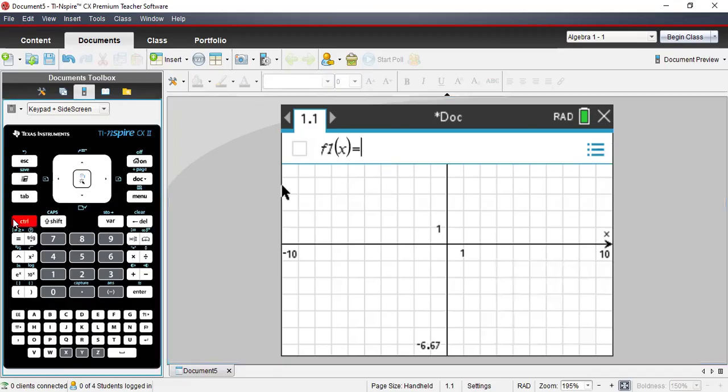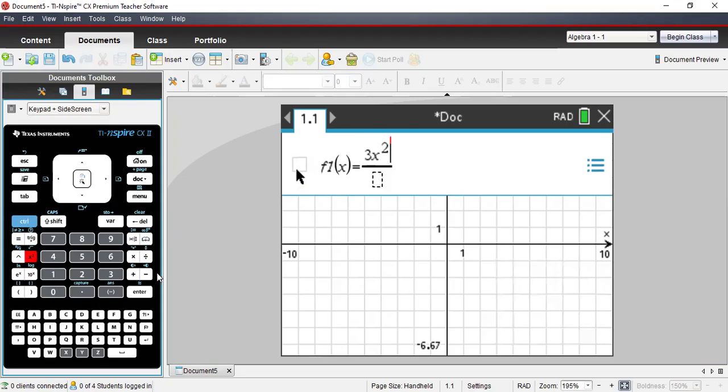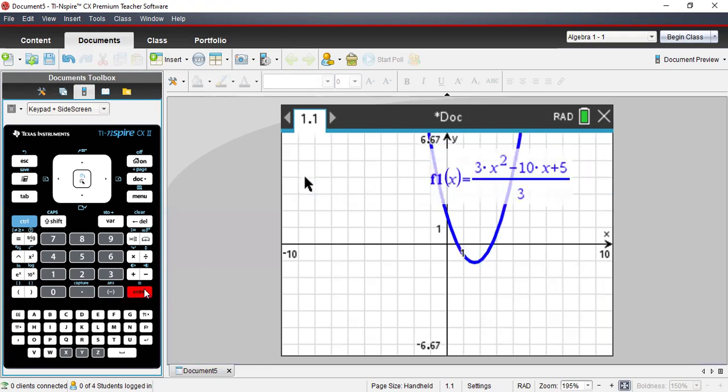I'm going to go control fraction, and I'm going to put in the quadratic up top, 3x squared minus 10x plus 5. And then, because I need this leading coefficient to be 1, I'm going to divide the whole expression by 3.